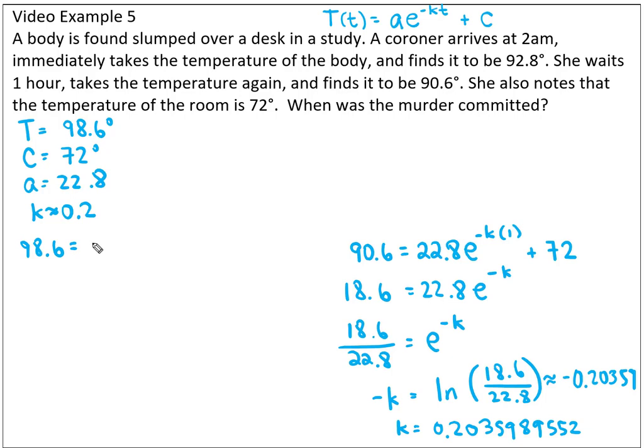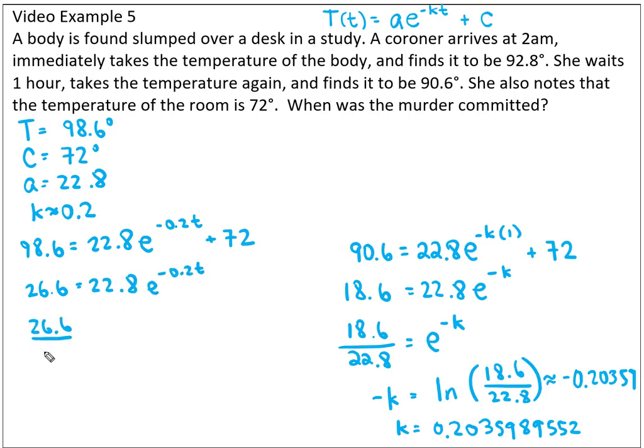And so plugging that into our equation, we get 98.6 is equal to 22.8 e to the negative 0.2 t plus 72. So solving this would give me 26.6, taking natural log of both sides.